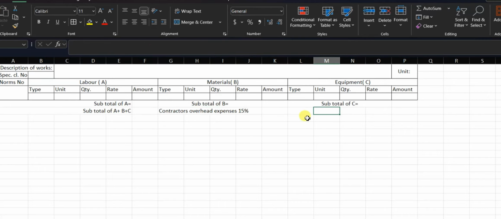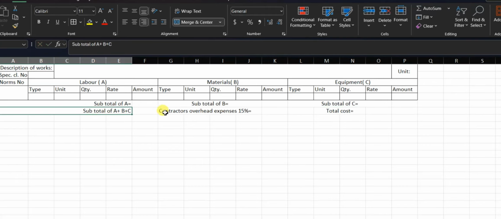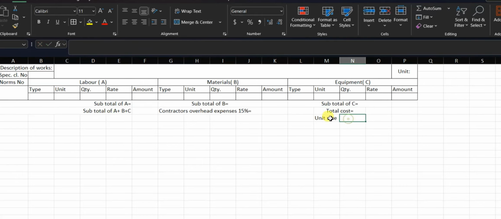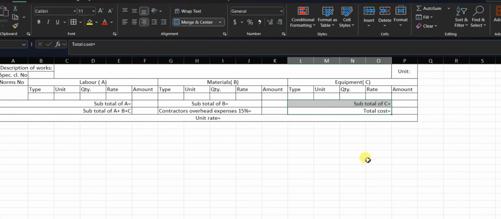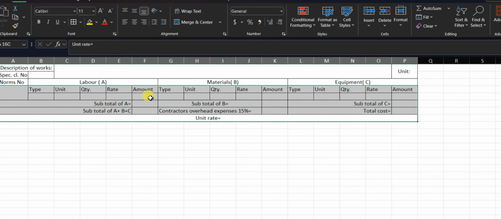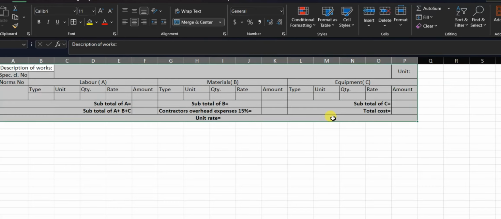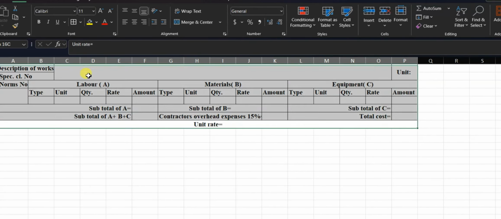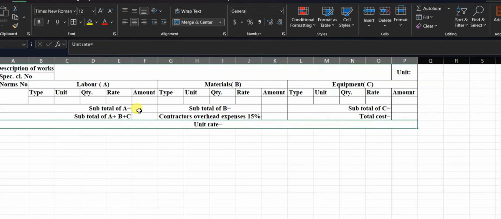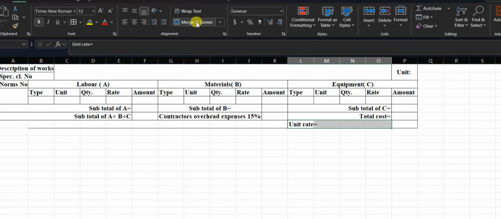Then the total cost associated with that work is determined. Then you can determine the unit rate. Okay, so this is the format that you can make for rate analysis. So you play on this format and just try to execute the things.